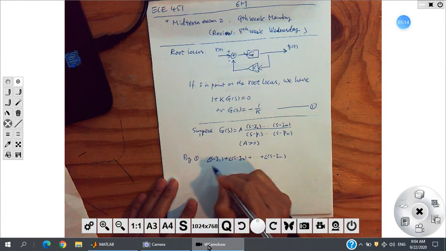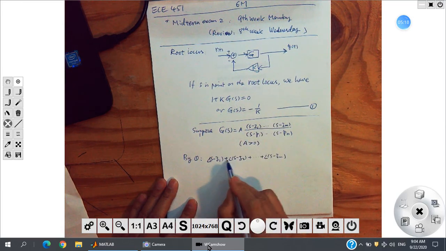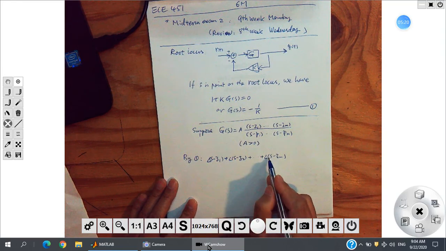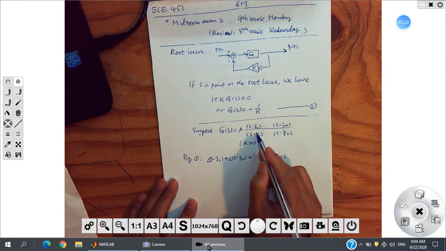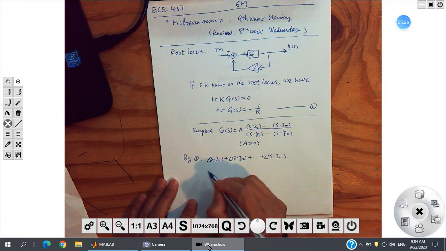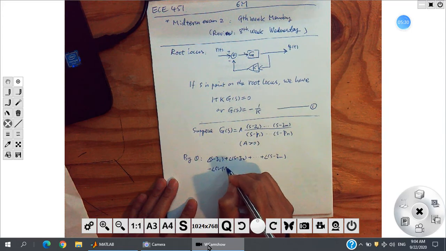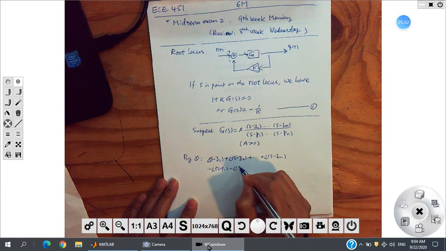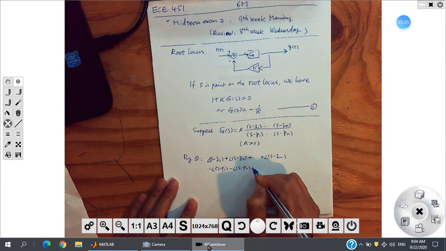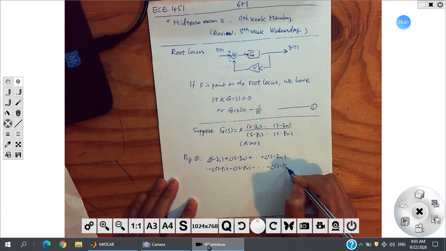In the numerator, the multiplication becomes a summation. And it is divided by these terms, so for the angle that is subtraction: minus angle of s minus p1, minus angle of s minus p2, minus until angle of s minus pn.